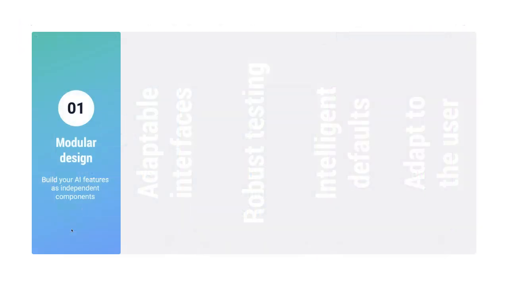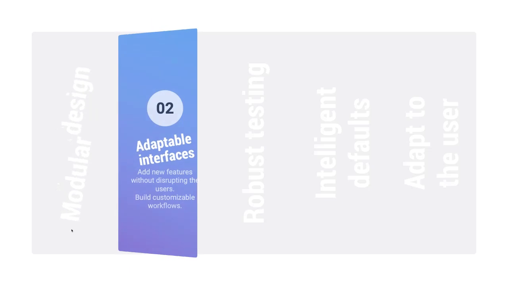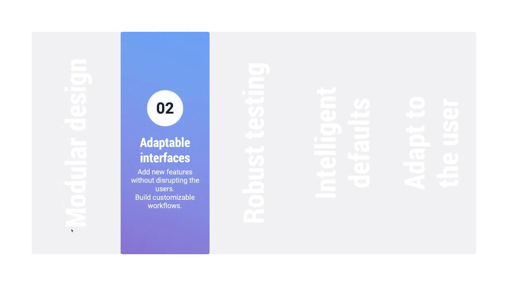First, embrace modular design. Build your AI features as independent components that can be easily updated or replaced. Consider using configurable AI pipelines. This allows you to swap out different models or tools without overhauling your entire system. Design adaptable user interfaces that can evolve with new capabilities.